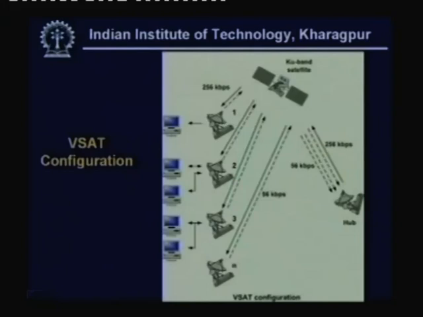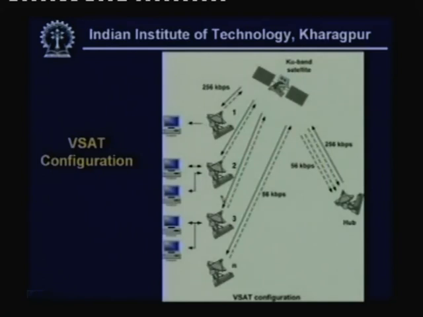For the hub the diameter can be around say 10 meters. On the other hand, these VSAT terminals can have much smaller diameter, around say 1 meter or a little more than a meter in diameter. It depends on the frequency band that is being used. For a Q band satellite, it might be around 1 meter or even lower.